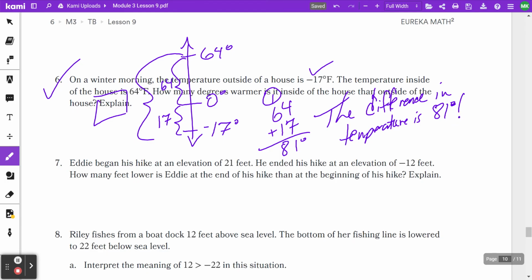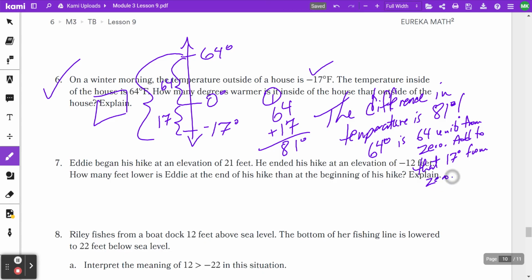Because, right, I guess I have to explain that. Let's see. 64 degrees is 64 units from 0, right?